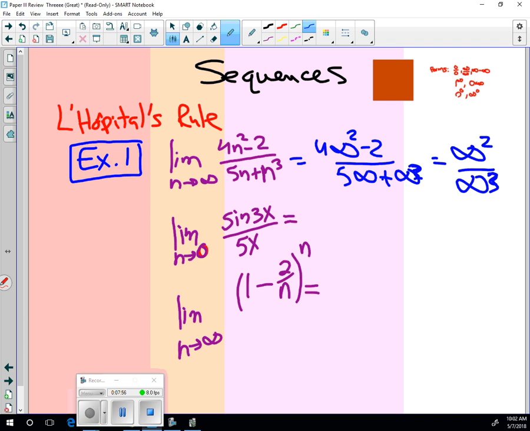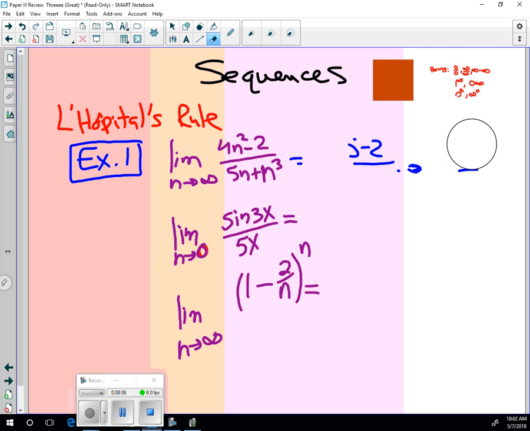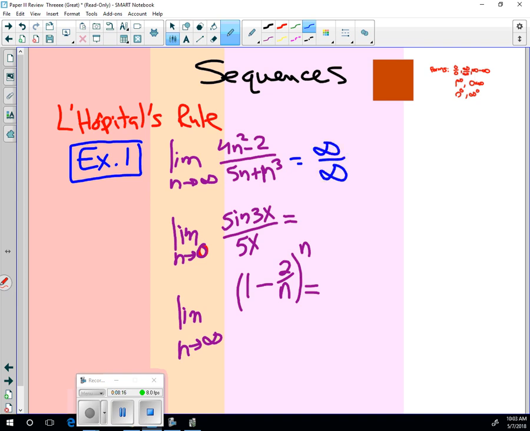It actually is, because yeah, you can simplify a little bit, but it's still infinity over infinity. We would use a technique that's separate from this, but you could use L'Hopital's rule for this. You could say this is infinity over infinity. Then you could say this is going to be 0 over 1.